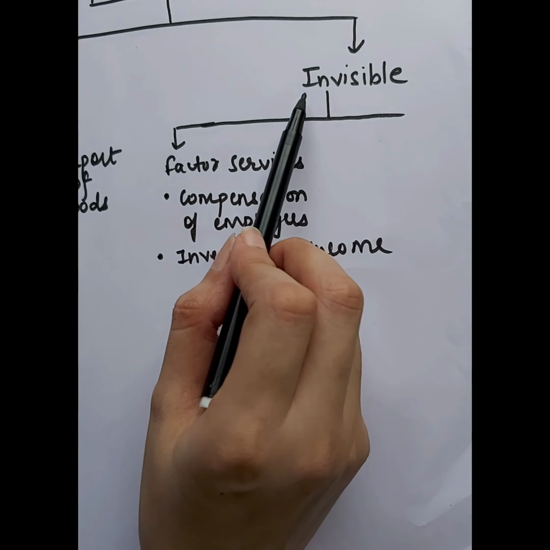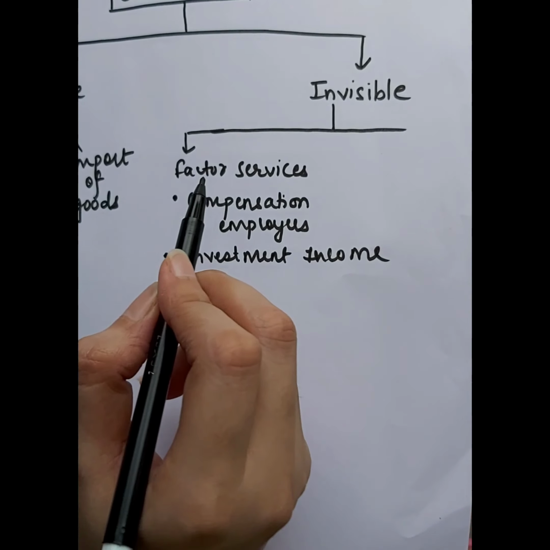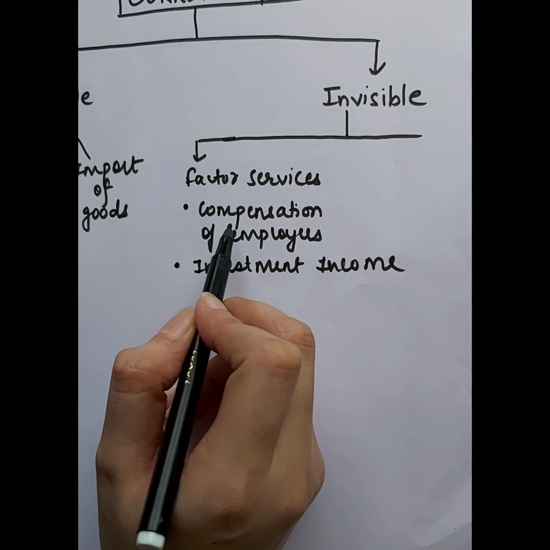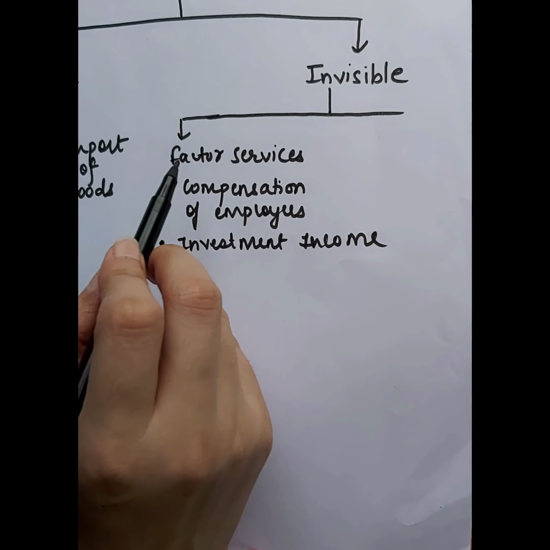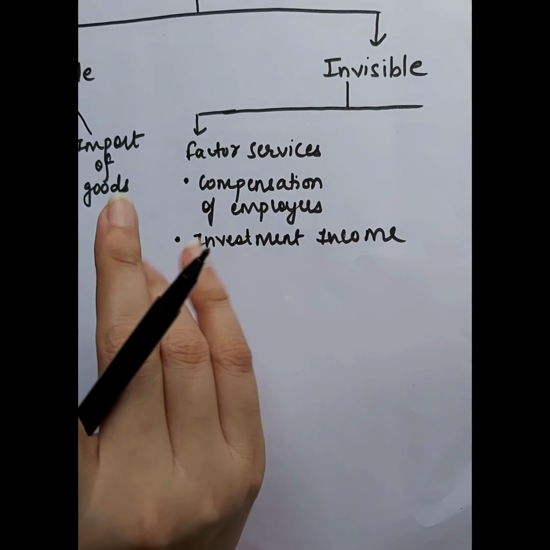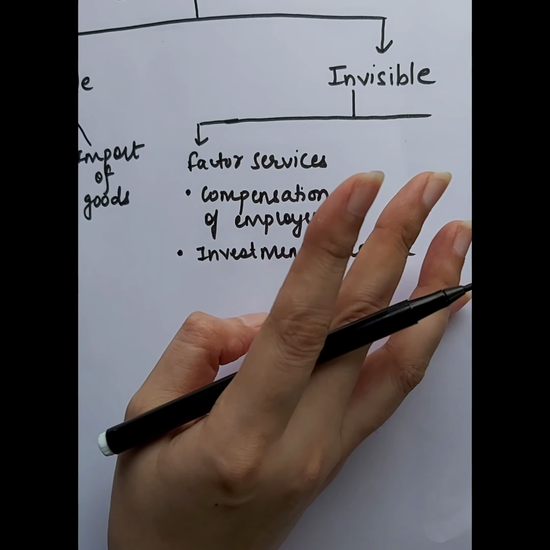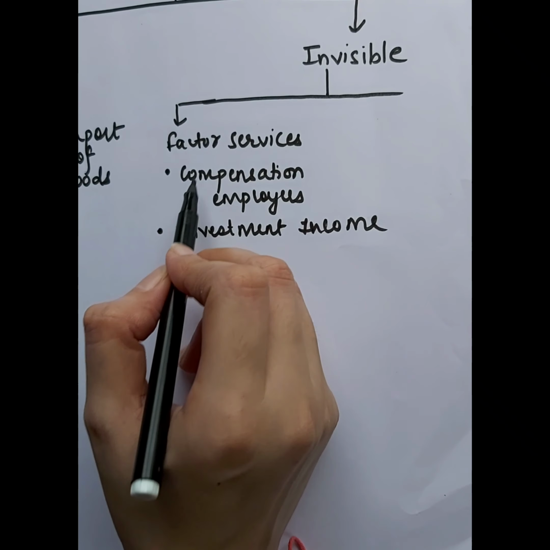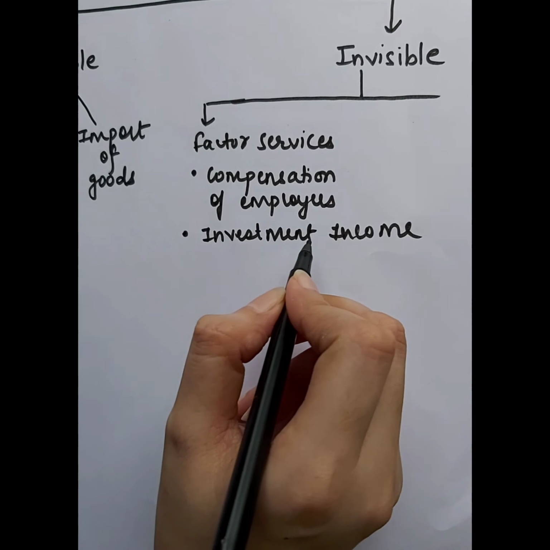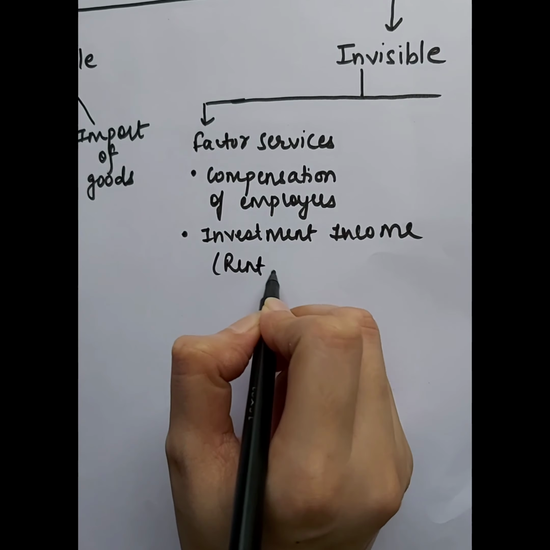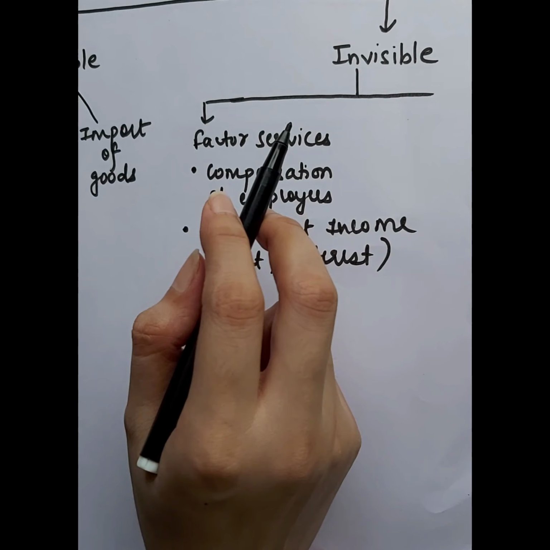As the name implies, these things cannot be seen and are intangible. Factor services we can also relate to the factors of production that we have already discussed: land, labor, capital and entrepreneurship. In the form of compensation of employees, we get wages and salaries, and in the form of investment income, we get rent and interest. These were some examples of factor services.